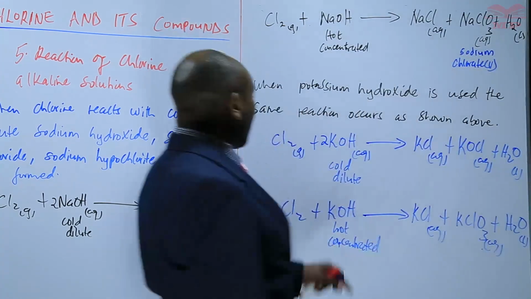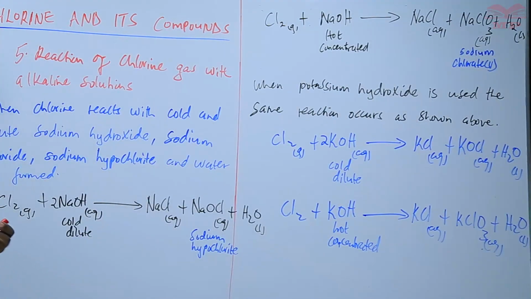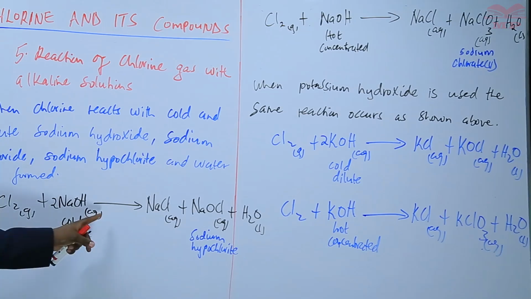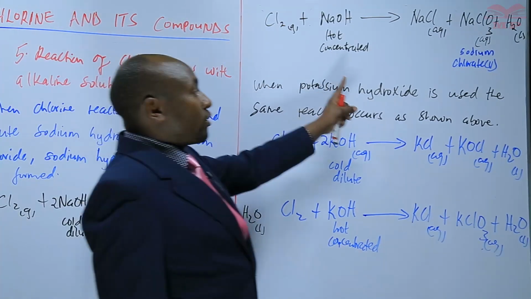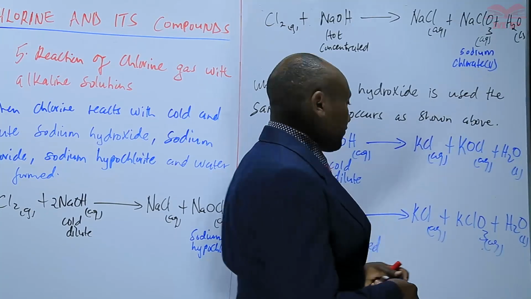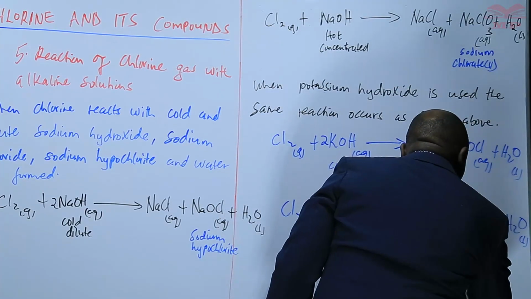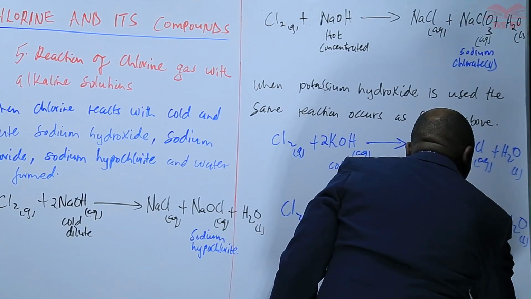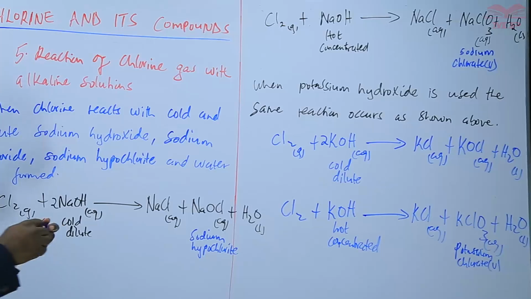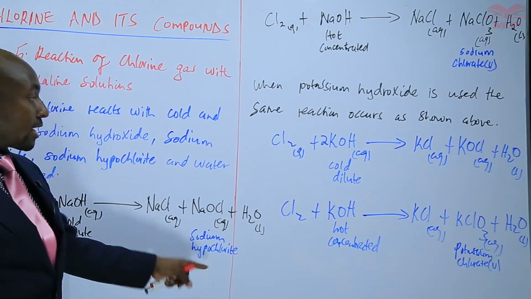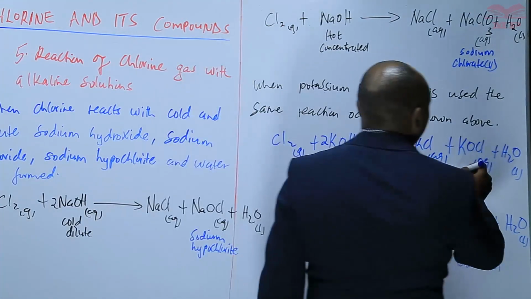So potassium hydroxide behaves the same way as sodium hydroxide. When it is hot and concentrated, we form sodium chlorate 5 or potassium chlorate 5. When it is cold and dilute, we form sodium hypochlorite or potassium hypochlorite.